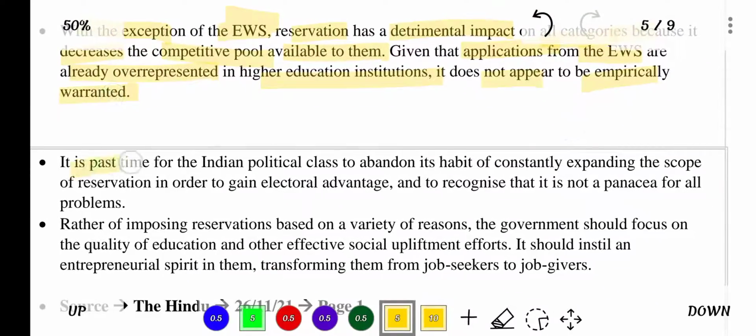It is past time for the Indian political class to abandon its habit of constantly expanding the scope of reservation in order to gain electoral advantage and to recognize that it is not a panacea for all problems.